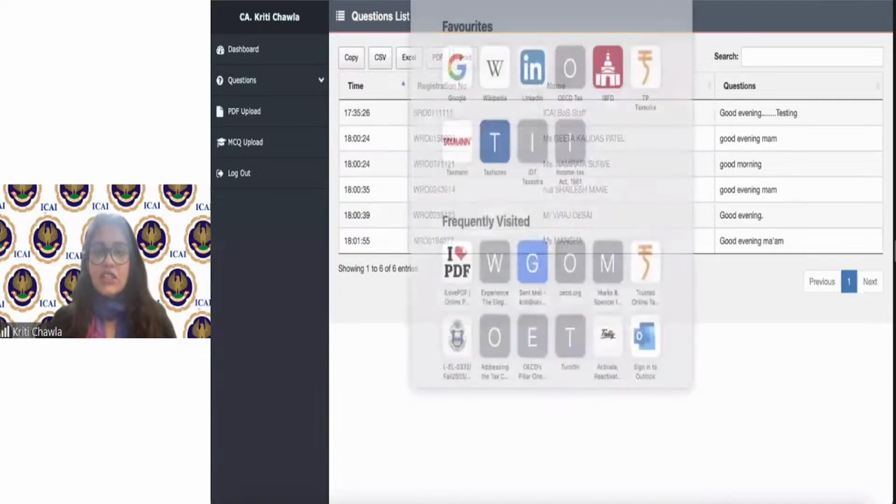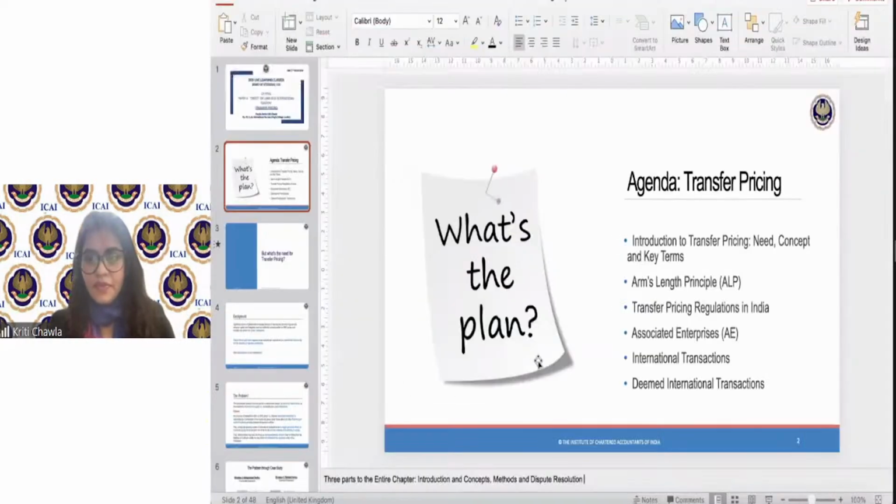So let's get started. In this lecture on transfer pricing, I'm going to start with what exactly is transfer pricing. But before that, I'm going to address what exactly was the need for transfer pricing.